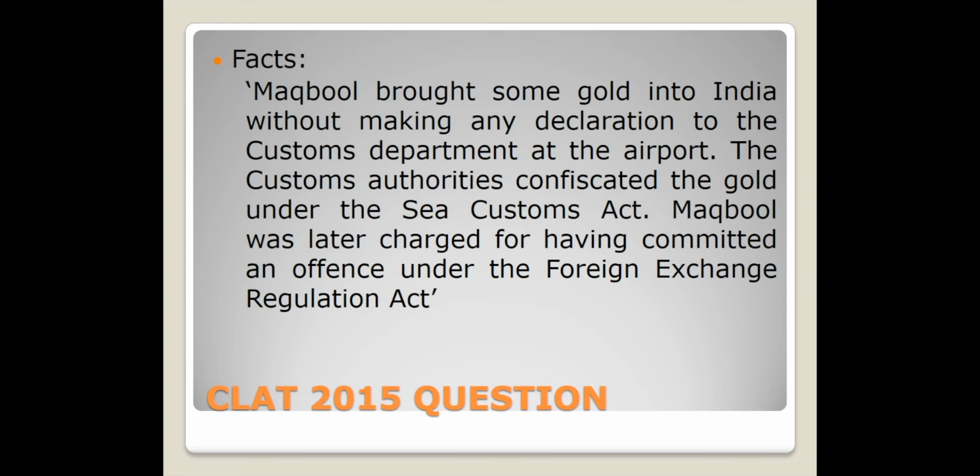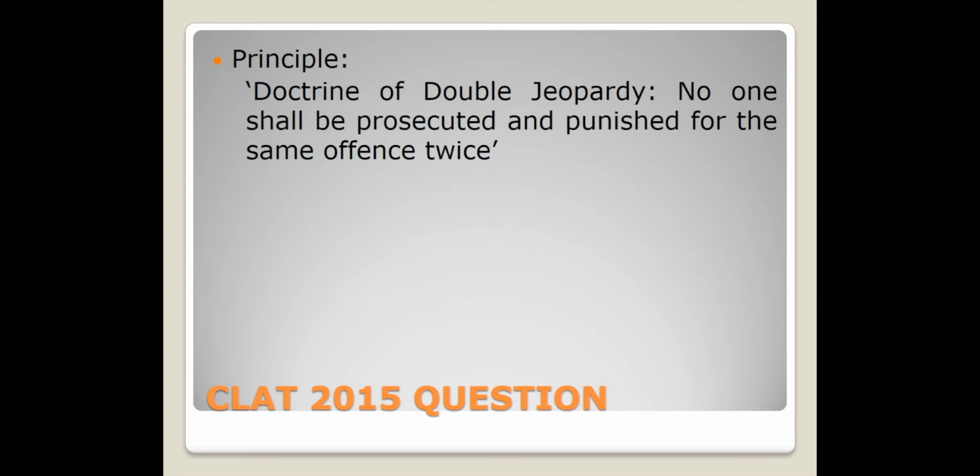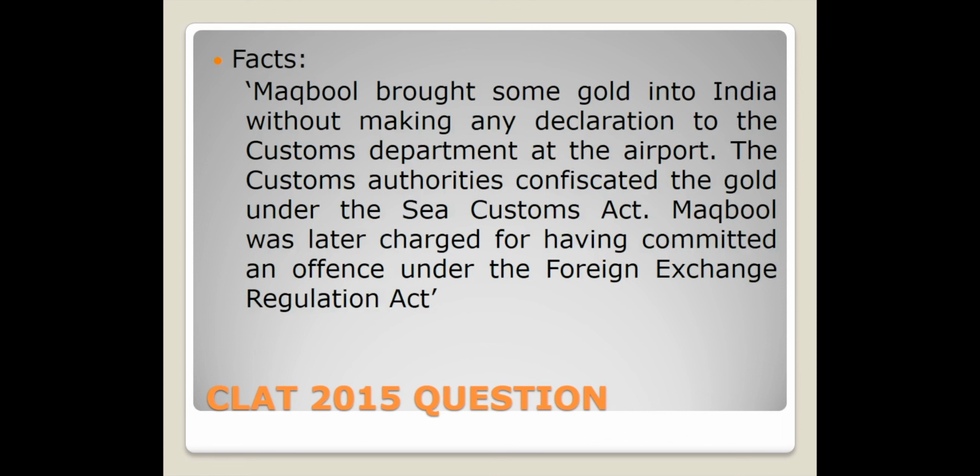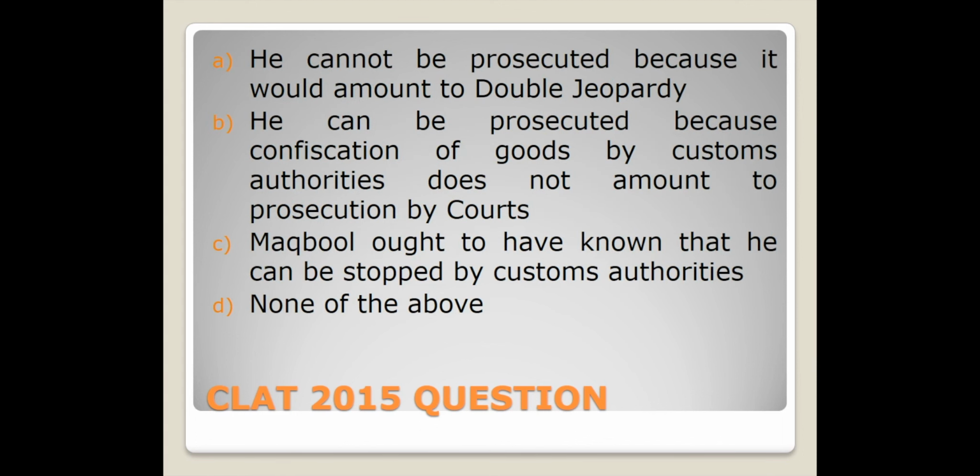So in this case, we can say that the doctrine of double jeopardy will not apply because he was not prosecuted twice. Thus, in this case, the answer will be B. He can be prosecuted because the confiscation of goods by customs authorities does not amount to prosecution by the courts.